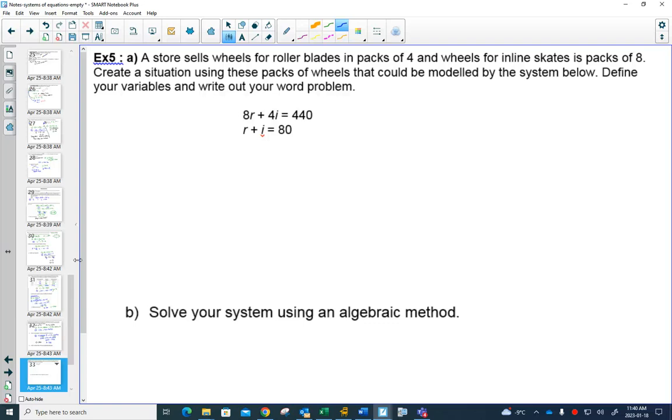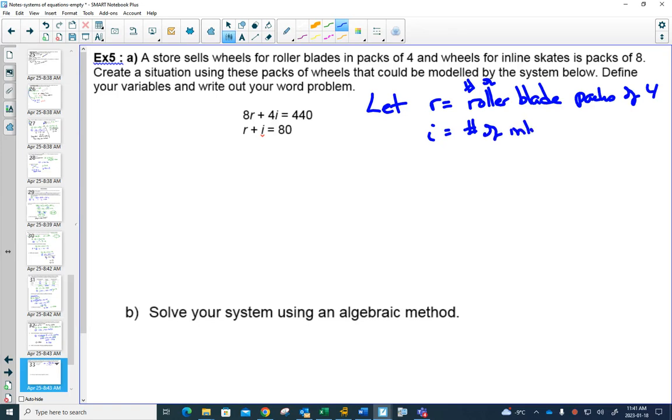So, in defining the variable, we say, let R equal the number of rollerblade packs of 4, and I the number of inline skates packs of 8.